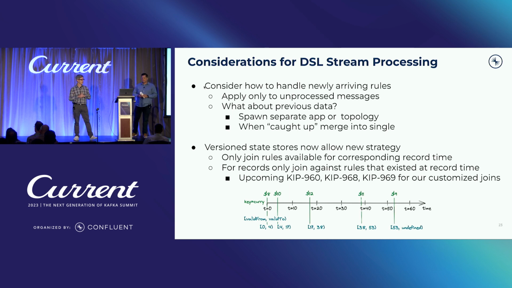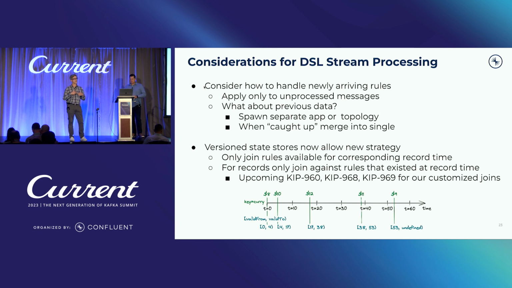The other thing I want to point out is a new feature in Kafka Streams, which is super awesome, and that is our version state store. What this means is that for an aggregate, for a table, it doesn't just keep track of the last value. It actually has previous versions as well, temporally.